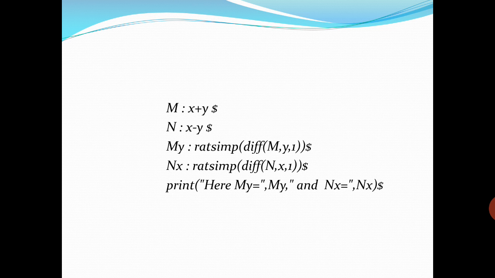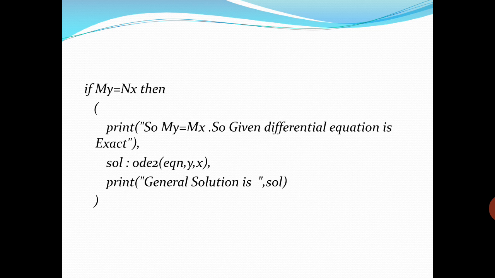Later we have to check whether the given differential equation is exact or not. We already know the condition. That is, we use a conditional statement for the condition. If My is equal to Nx, that is del M by del y is equal to del N by del x, that is the condition.